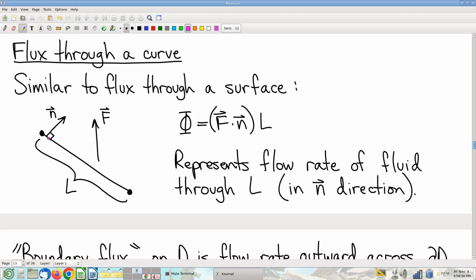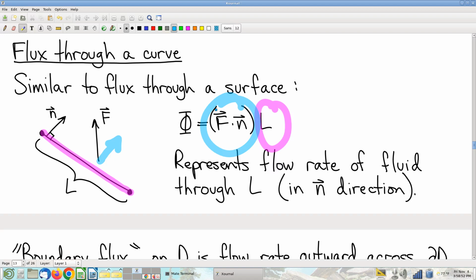But I argue that the longer the curve is, the more fluid's going to be flowing through it. Right? Kind of stands to reason. And then also the extent to which the vector field is pointing perpendicular. Right? The normal component of the fluid flow. Right? Don't really care about the parallel component.